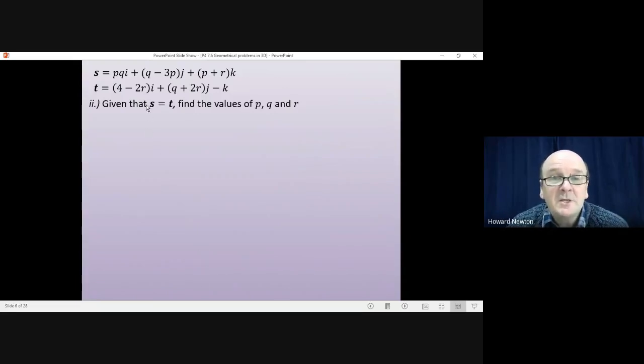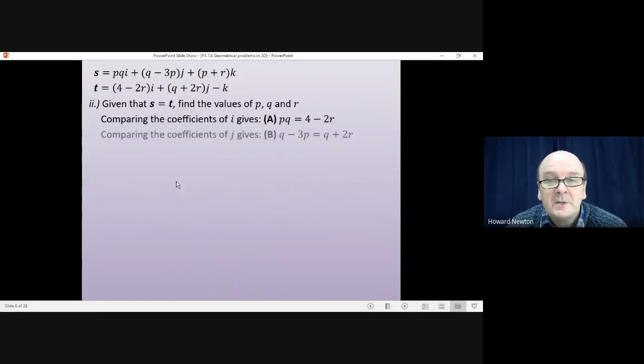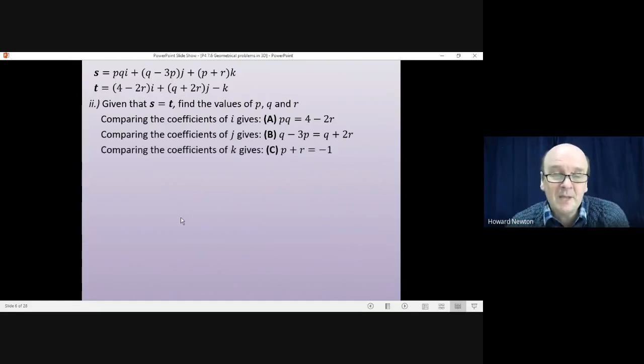So we equate the coefficients of i, j, and k. Comparing the coefficients of i will give us pq = 4 - 2r. Comparing the coefficients of j gives us q - 3p = q + 2r. And comparing the coefficients of k gives us p + r = -1.